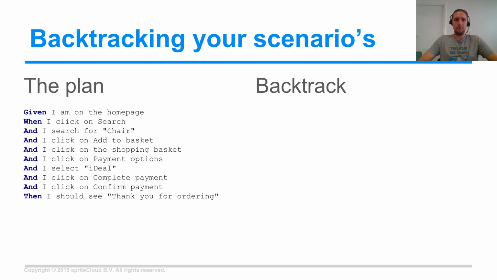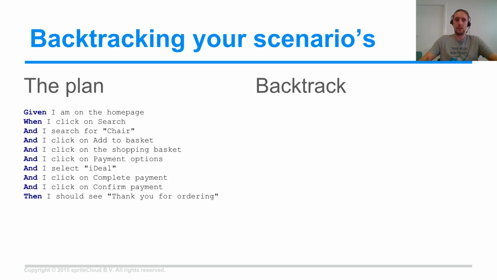In this case, I've written down a whole bunch of steps until you see the thank you for ordering message. Please note that this left side is a terrible way to use Gherkin. This is because there is a whole list of actions and no definition of what makes each action successful.